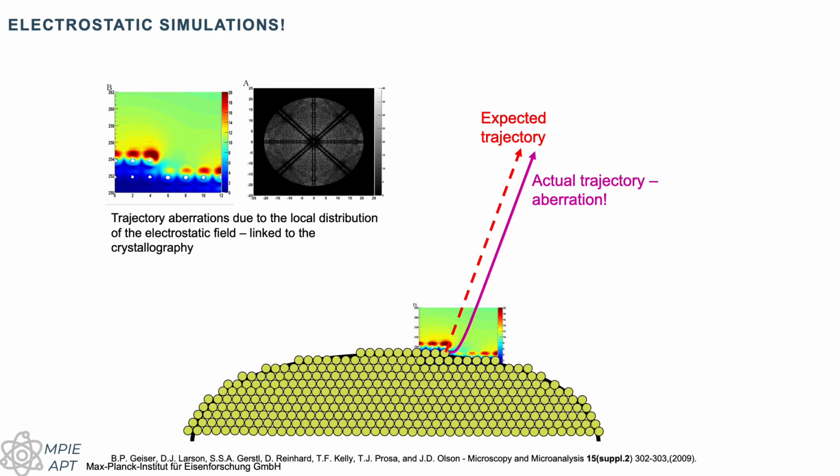Either it's due to the field itself that pushes the atoms away, or it can be the atoms that are actually rolling onto one another. On this, I can only encourage you to read the recent work from Christoph Heisel's group from the Institute. There's quite a lot happening in this area that is really quite exciting.